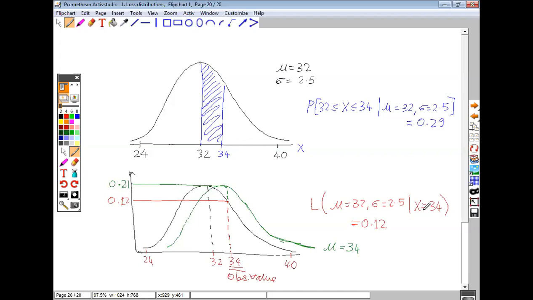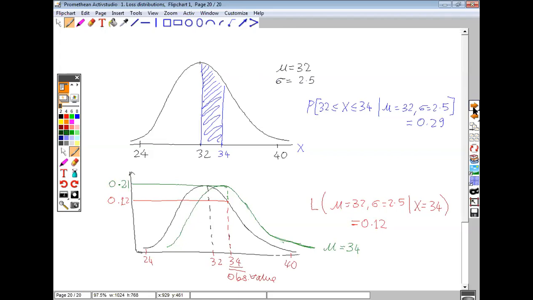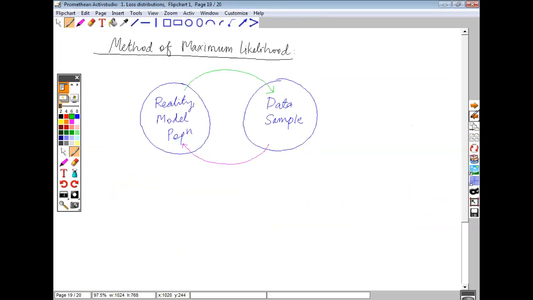So again, if I have to summarize in short, what I can say is that my probability is something where I have information about the distribution it follows, and I'm trying to figure out something about the data that I have at hand.